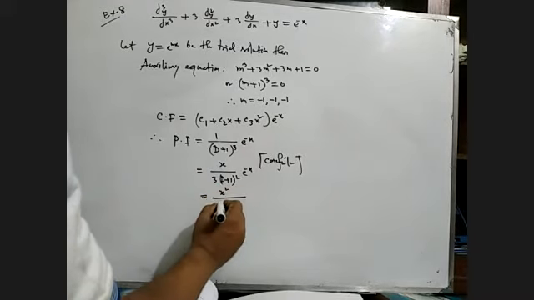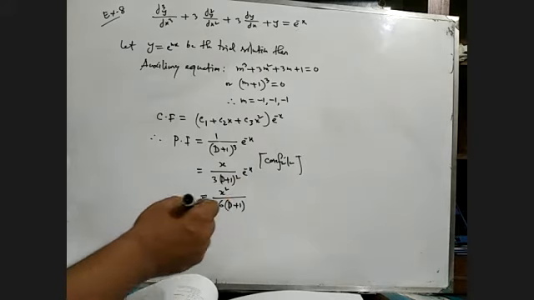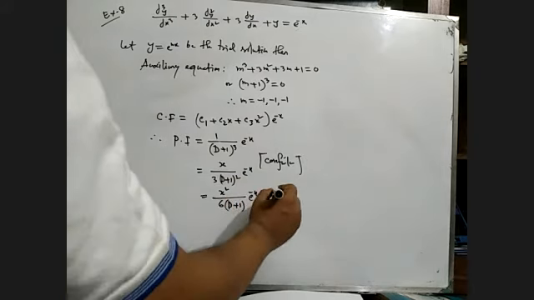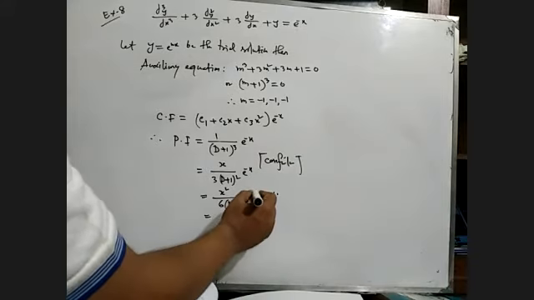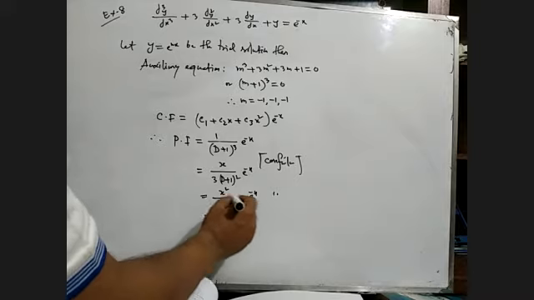x square divided by 6 into e to the power minus x, differentiating with respect to the operator capital D. Again case failure. If we put the coefficient of x in the place of capital D, we get something by 0.